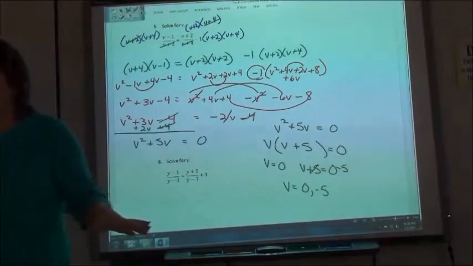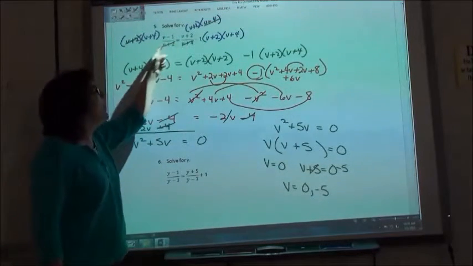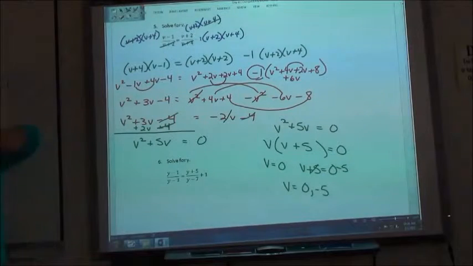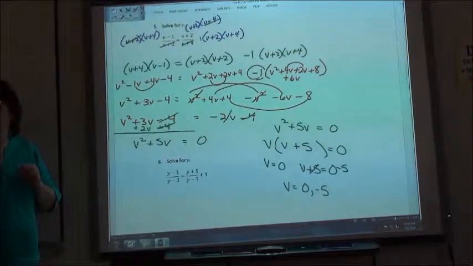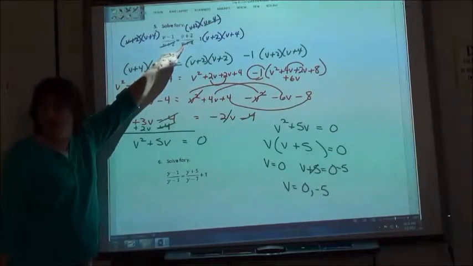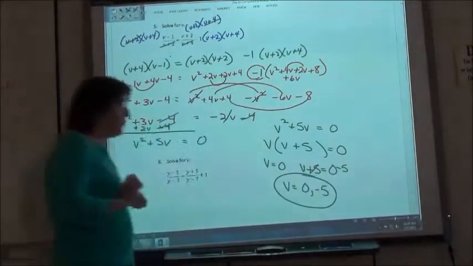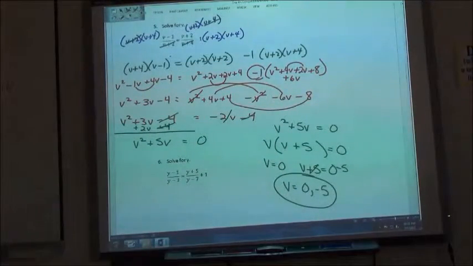We got nice whole number answers, so we got to go back up and look. Do either of those give us a 0 on the bottom of our fractions? Or are they both okay? They're both okay. I don't have a -2 or a -4, so those are all okay. We're going to have answers of 0 and -5.